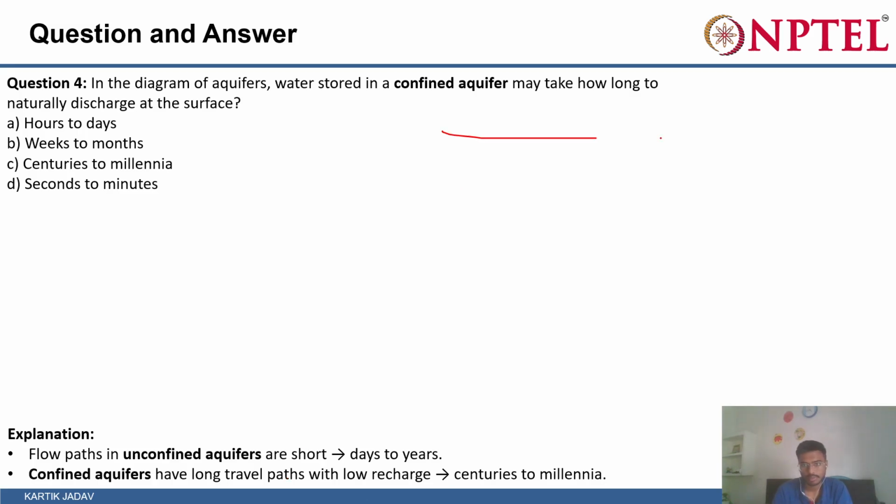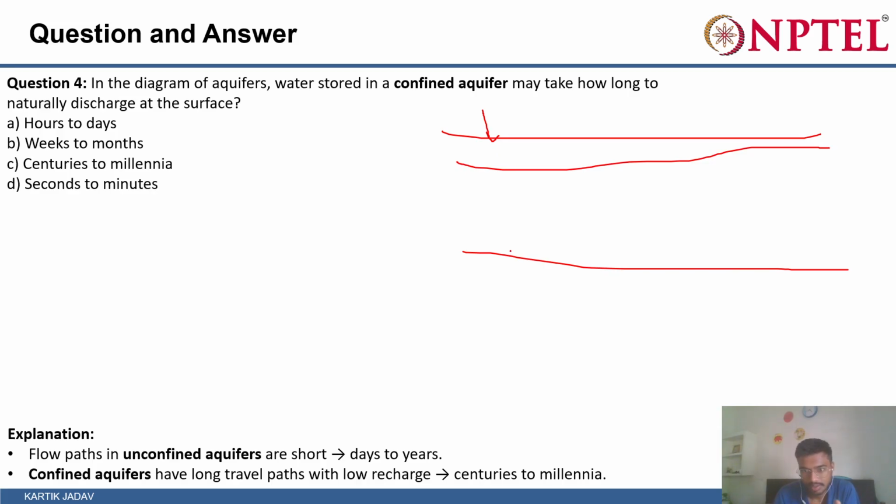So if this is the soil surface, then the roots are there. Okay, then this is the first layer, the water table, then we have here an impervious layer.